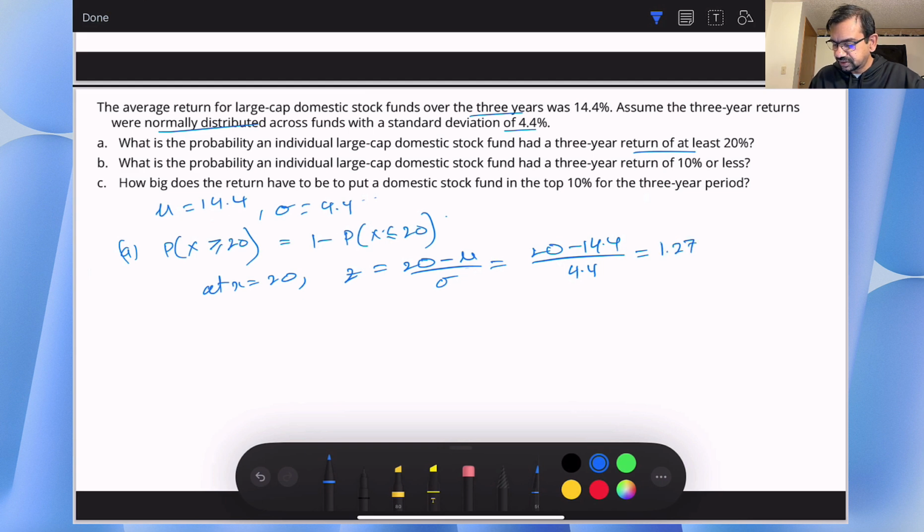So our problem translates to finding 1 minus the probability that z is less than or equal to 1.27. We can either find the probability of this and then do 1 minus, or we can directly use the JMP calculator to find the probability on the right tail.